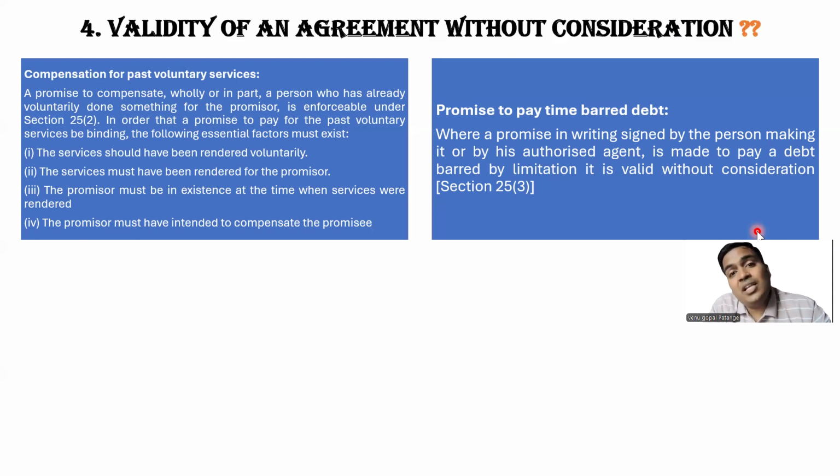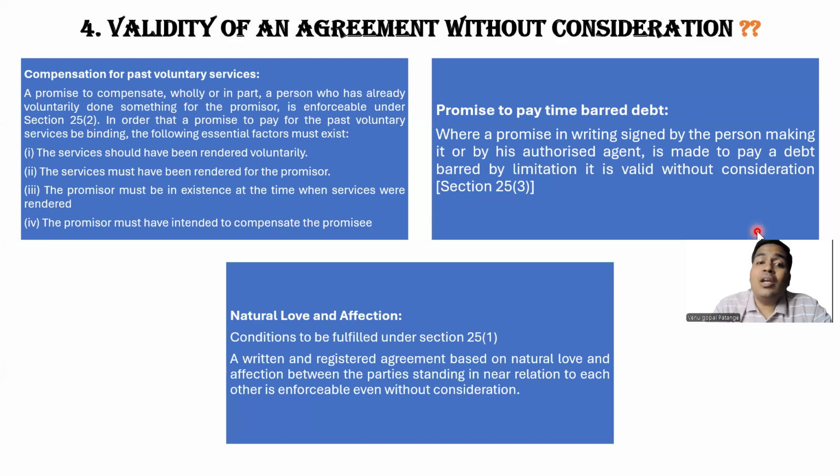For the material which he supplied in the past, he is going to get paid now. For the time expired debt, if B promises A to make the payment, he can make the payment, right? But from A, there is no consideration to B. Without consideration also, the agreement or the contract is valid. This is promise to pay time barred debt.